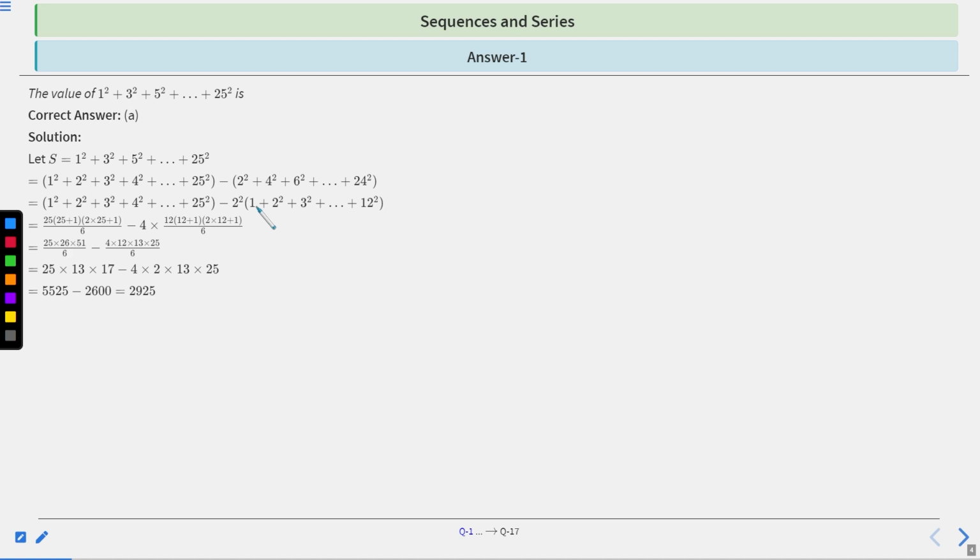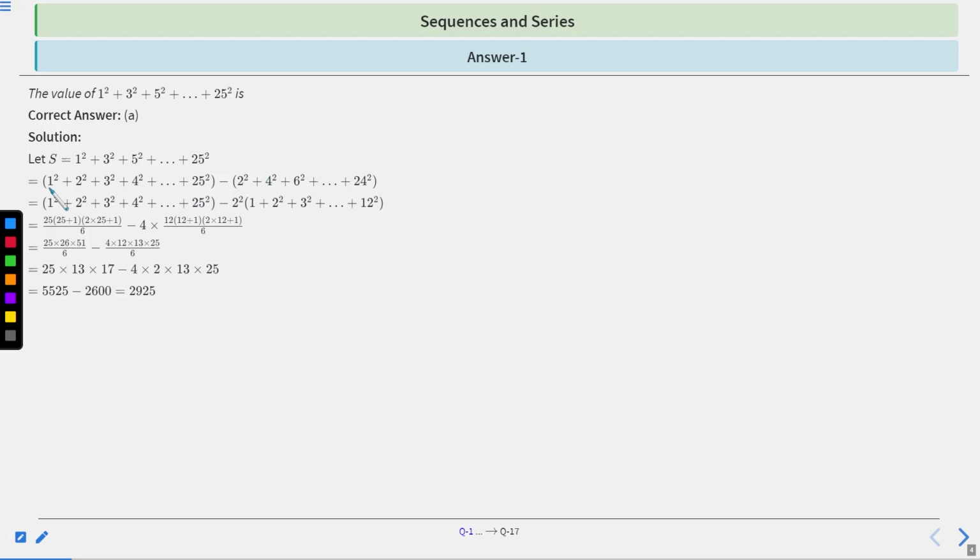So, we have to find the value of 1 square plus 3 square plus 5 square till 25 square. Let's take this as S. Now, you can see that this is the summation of squares of odd numbers, right? So, add even numbers to it and subtract the even numbers, right?